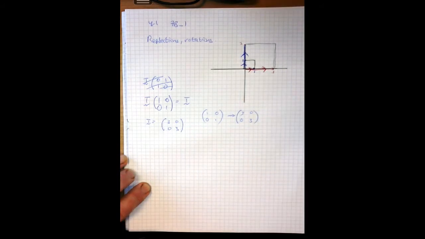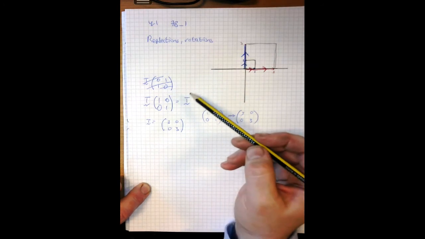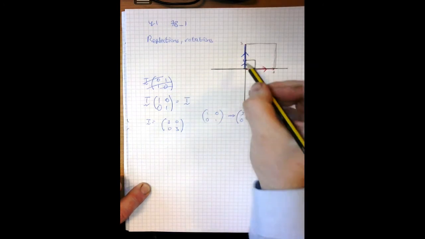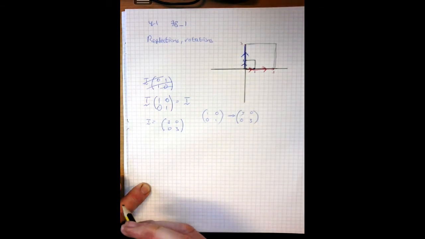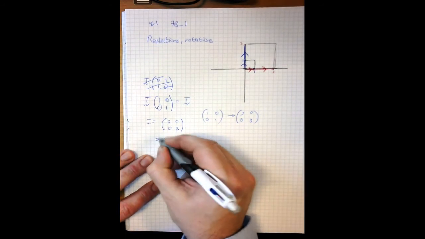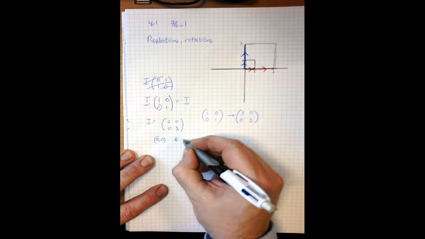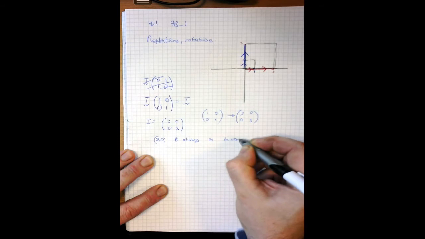Remember, with any matrix transformation, 0, 0 never changes. It's invariant. And we need to know these terms. An invariant point, 0, 0, is always an invariant point.